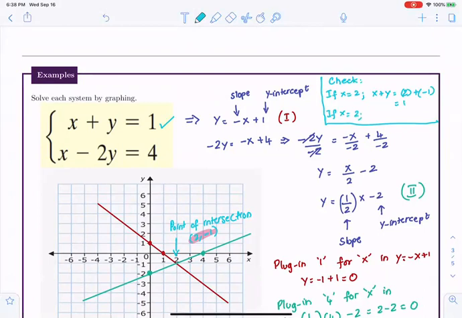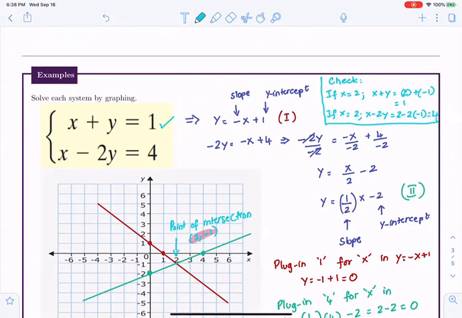The next value of x is 2, because the point of intersection is still 2. And I'm going to plug it into x minus 2y. So x is 2, and y is -1. -2 multiplied by -1 is +2, so we get 4.